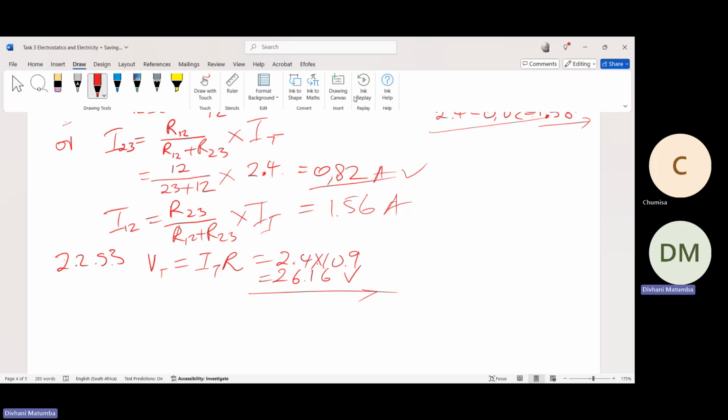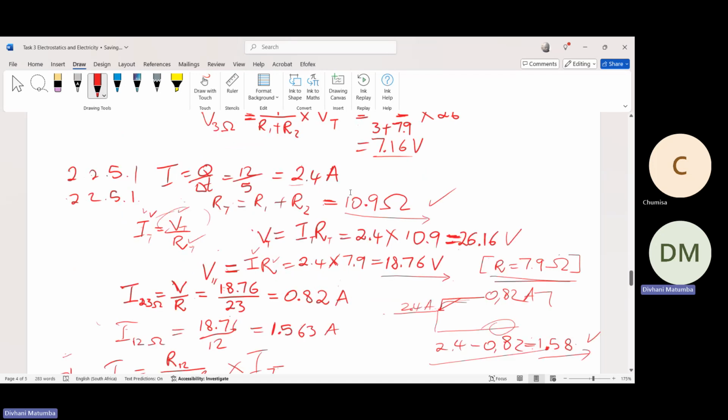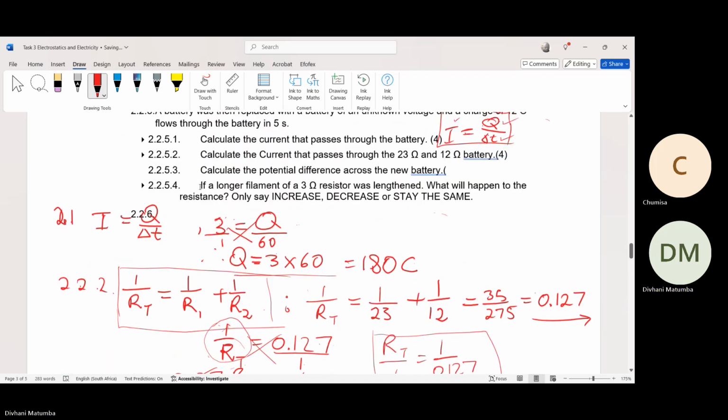Okay. Now, the last question says, if a longer filament of 3 ohm resistor was lengthened, what will happen to the resistance? Will it increase, decrease, or stay the same?